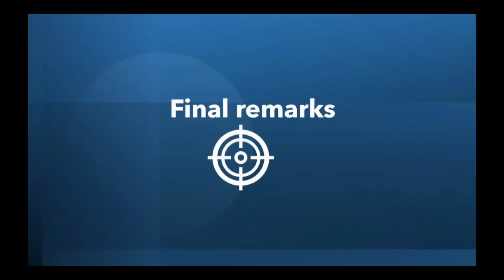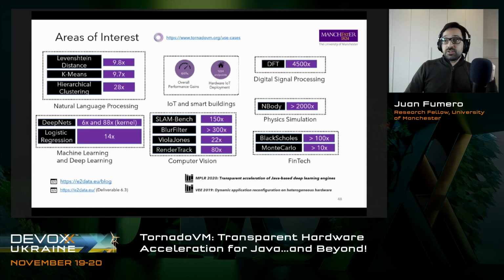So just to finalize, just 2 more minutes, TornadoVM can be used for more than fractal computation and things like that. In fact, we can run very different domains. For example, natural language processing, IoT, digital signal processing, physics simulation, computer vision, fintech applications, or even machine learning and deep learning. Many of these numbers are taken from collaborations with industry.